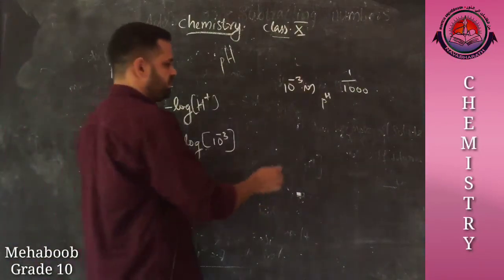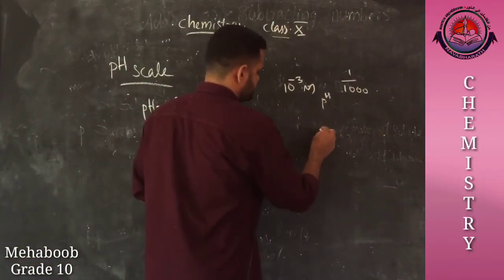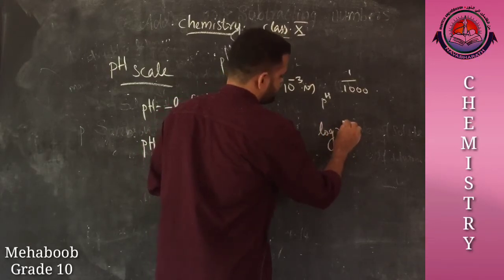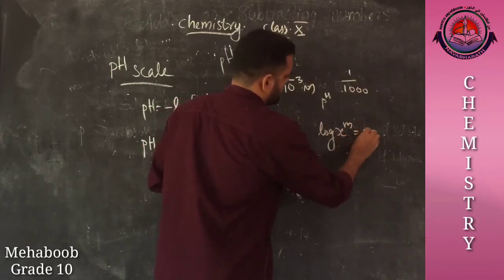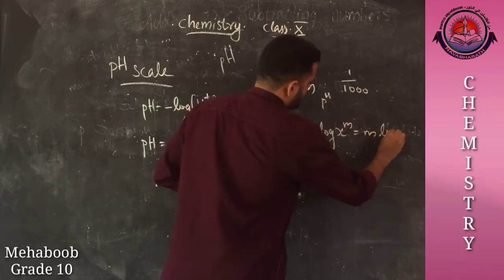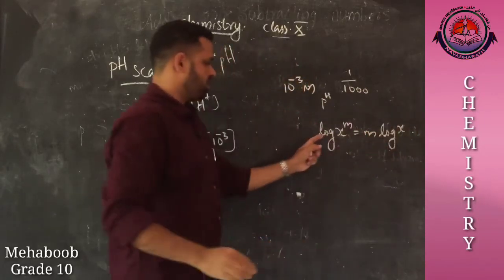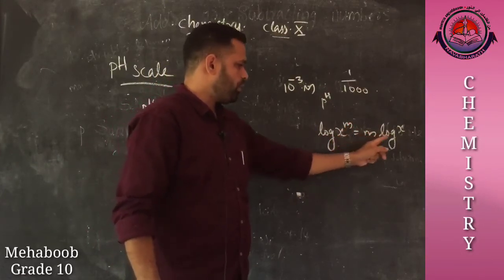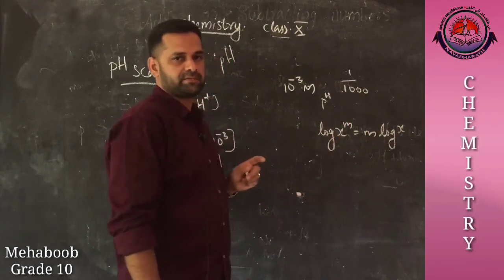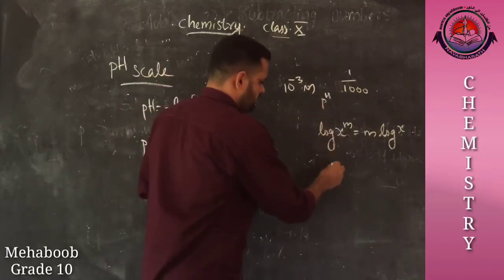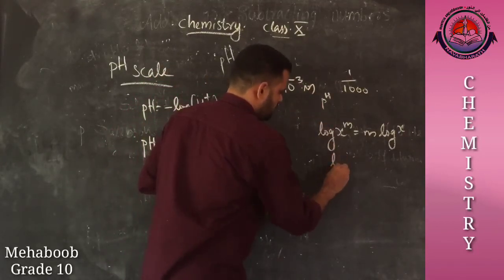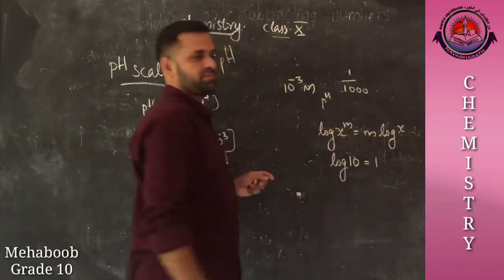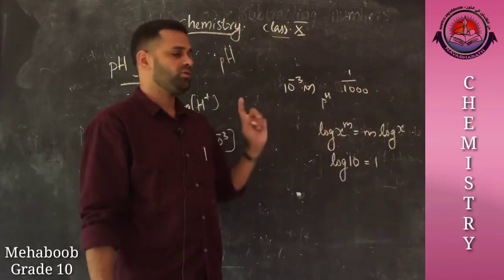And in mathematics there is an equation, log x raised to m is equal to m log x. And also one more, the value of log 10 is equal to 1.